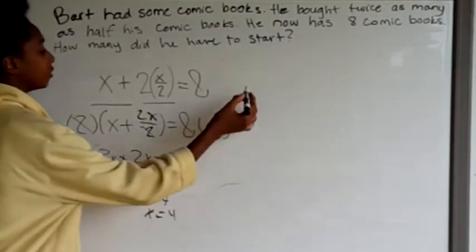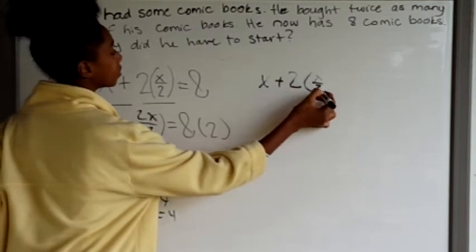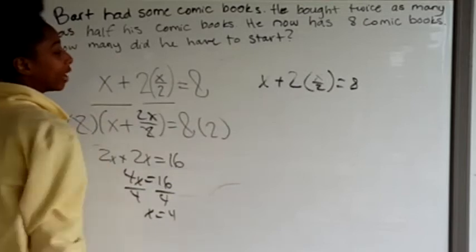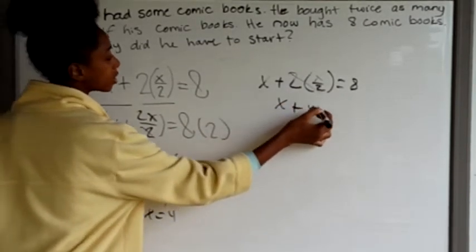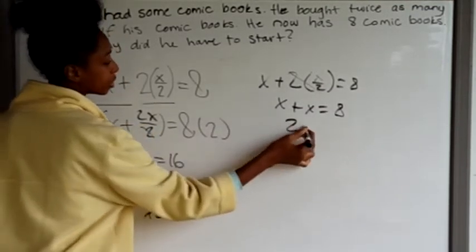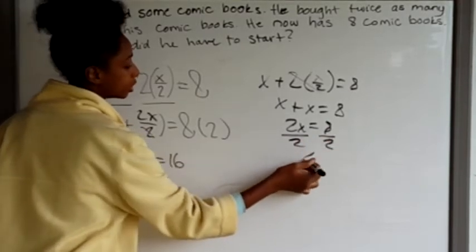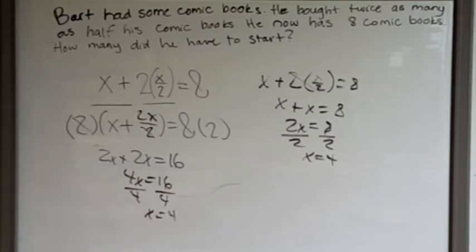Really, up here, he could have, if we're multiplying by the same thing we're dividing by, these cancel out. So he could have just rewrote that as x plus x equals 8. Then we combine like terms. That's 2x equals 8. Divide by 2. And x equals 4. So either way.